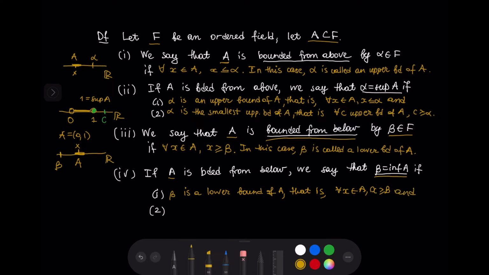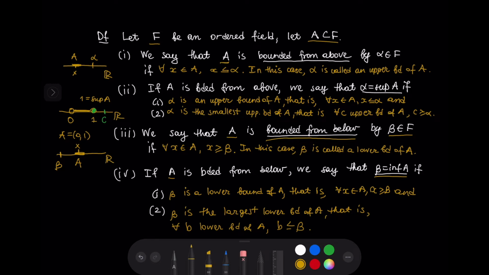And the second condition is that beta is the largest lower bound of A. That is, for every B lower bound of A, B is less than or equal to beta.